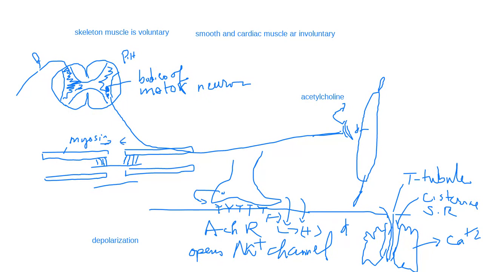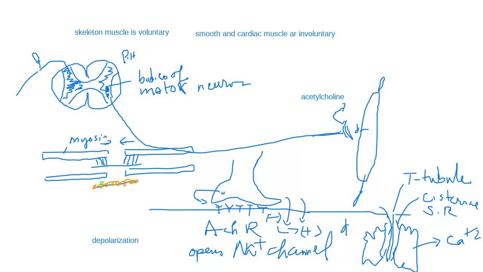But normally, the myosin wants to grab onto the actin, but it can't. And that is because there are proteins. These proteins kind of wrap around the actin. If they are wrapping around it, the myosin cannot see the actin. There are actually two of them: troponin and tropomyosin.